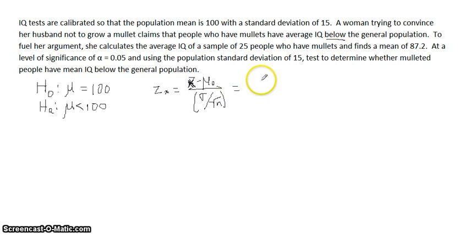So if we plug in here, x bar is 87.2, that's for the sample. So 87.2 minus the hypothesized population mean of 100, over sigma, which is 15, over the square root of the sample size, which is 25.